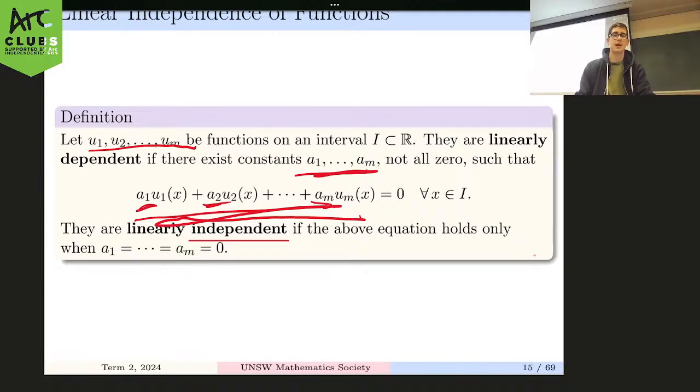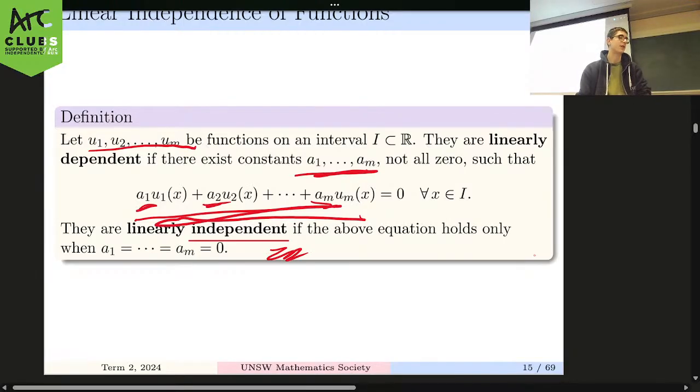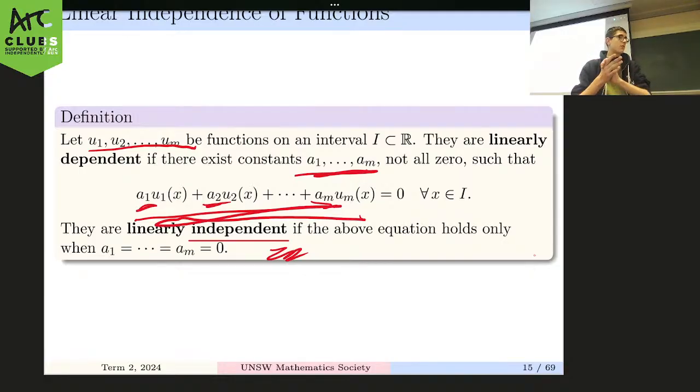So with linear dependence, we're saying there's a dependence of one of the solutions on others, right? So we can write one of the solutions as a linear combination of the others, whereas in linearly independent, that doesn't occur, right? So with linearly independent, we can form the general solution by taking a linear combination of them if we have m of them, right? Because that forms the idea of a basis, which you'll hopefully remember from Math 1b.